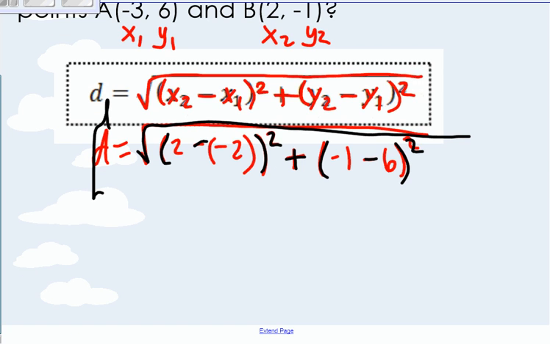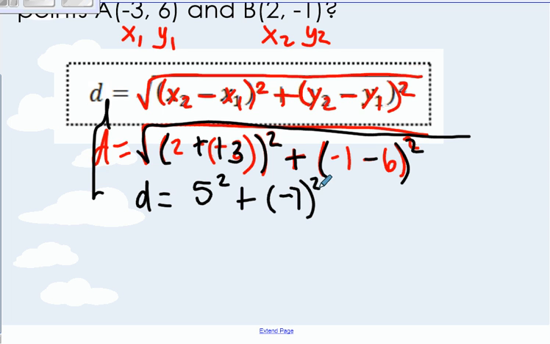So we're going to get our distance to be 2 minus, this should have been a negative 3. So that gives us plus 5. So we've got 5 squared plus negative 6. Negative 1 minus 6 gives us a negative 7 squared.